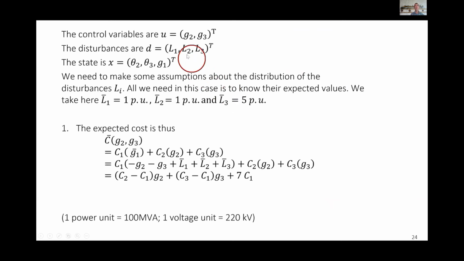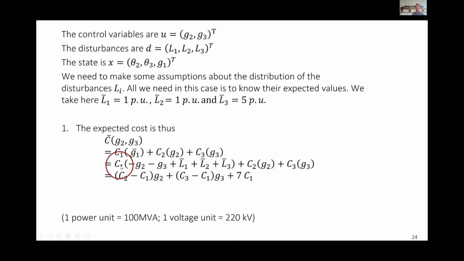With the DC approximation, the disturbance is the value of the loads. My control is the value of these generations, and by the DC power flow equation, we know that G1 will be L1 plus L2 plus L3 minus G2 minus G3. So this will be true for every value. Now, if I take the expectation, it will be true also in expectation, because C1 is a simple coefficient, a linear function.